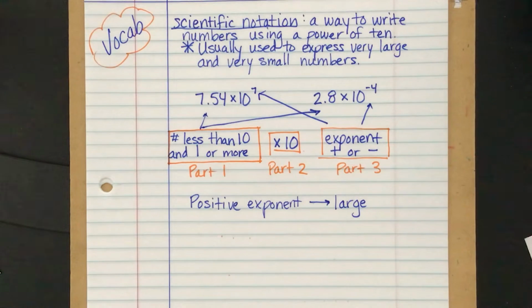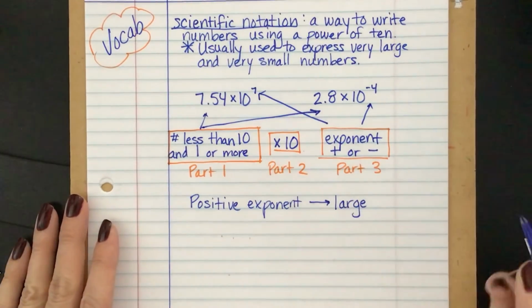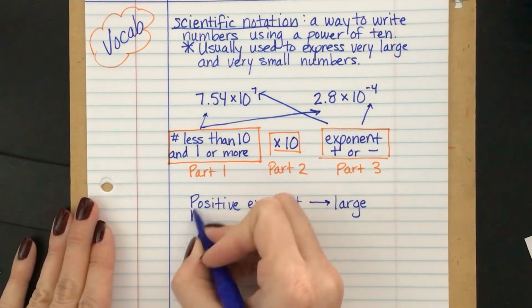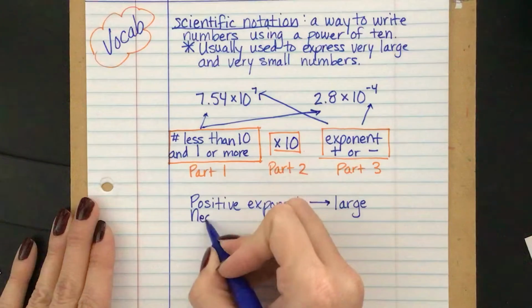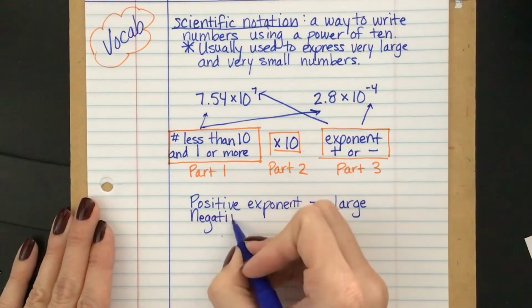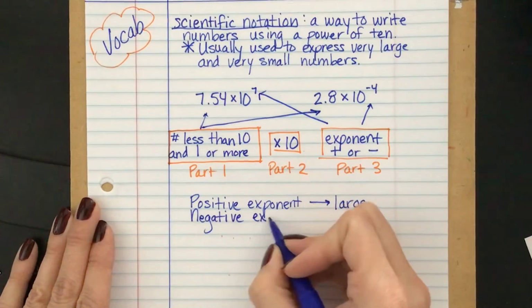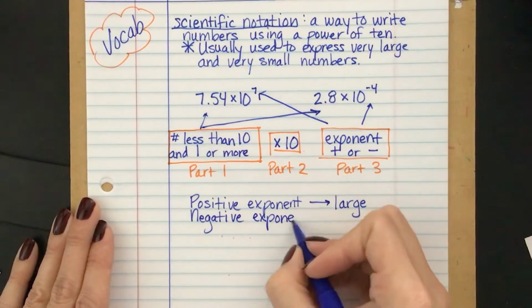That showed us that that's a very big, very large number, okay? Now when we zoomed in to look at microscopic things, that exponent went negative. A negative exponent means that it is a very small number.